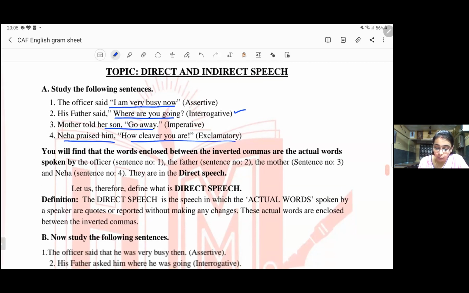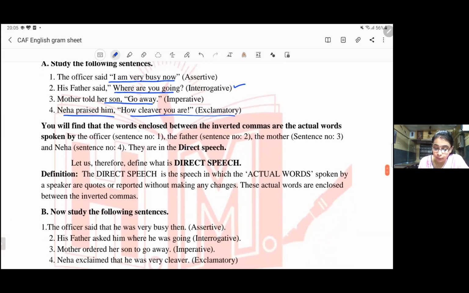You will find that the words enclosed between the inverted commas are actual words spoken by the officer in sentence number 1. These inverted commas that you can see are spoken by whom? By the officer.